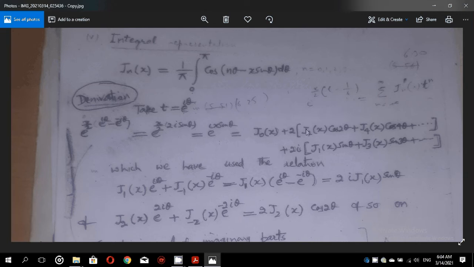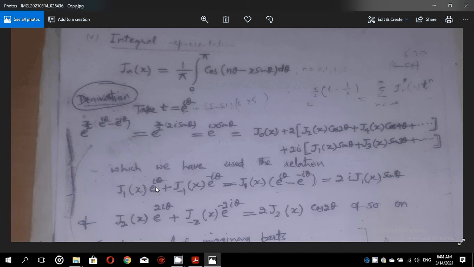Similarly, the even indexed negative Bessel's functions and the positively indexed even Bessel functions have been grouped to get the second term, and this is being explained over here.